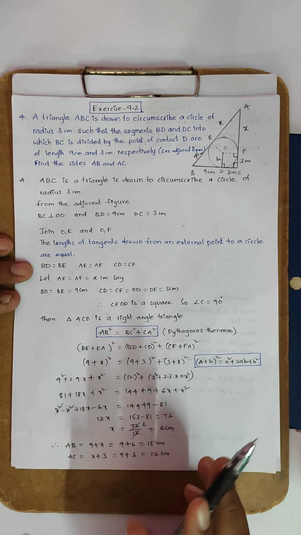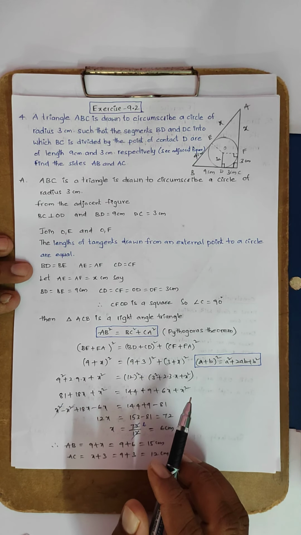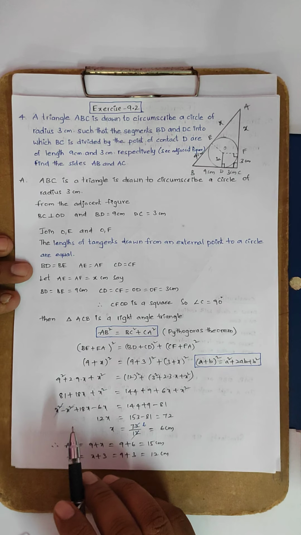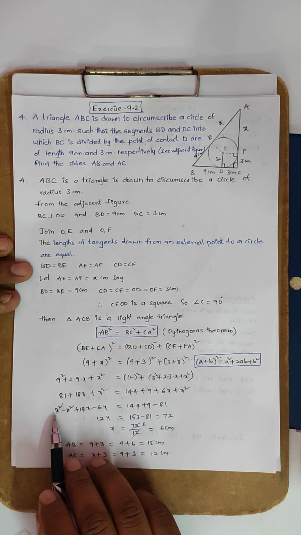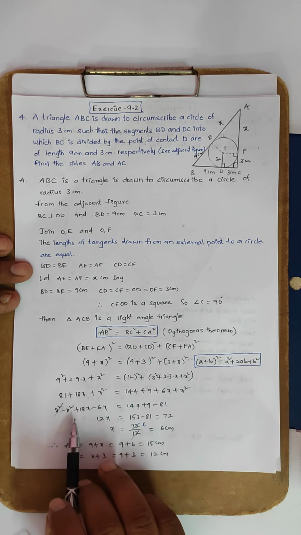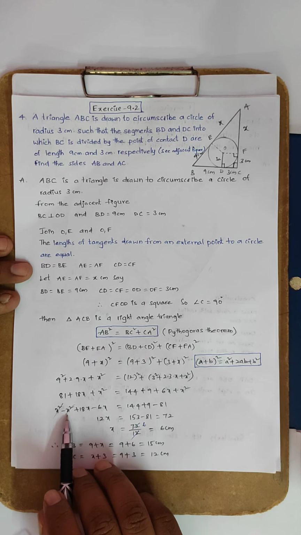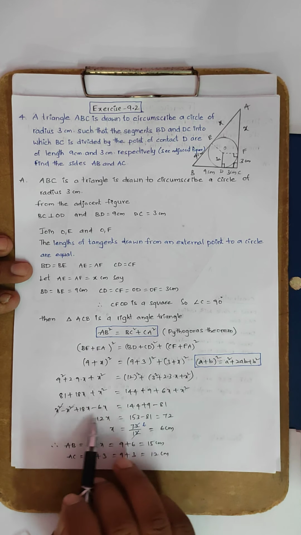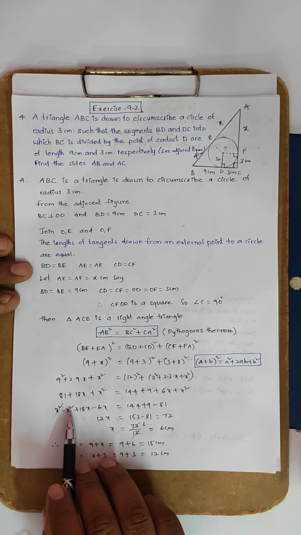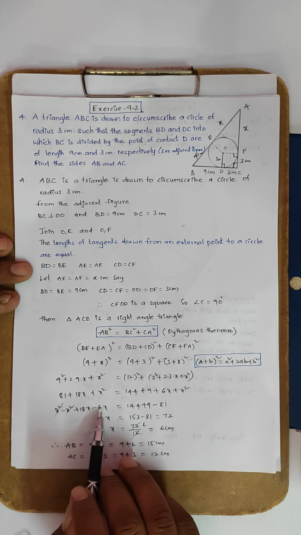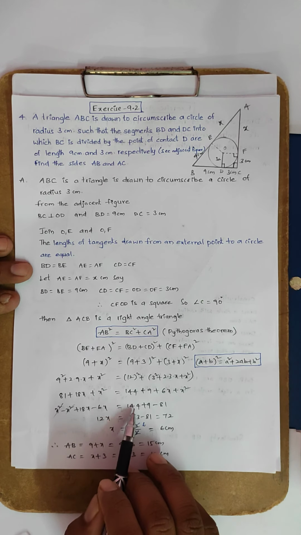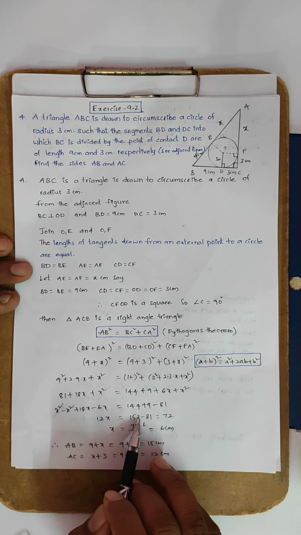Arrange like terms on one side, all variables to the left-hand side. The x square on the right goes to the left as minus x square. 18x minus 6x gives 12x. x square cancels. 144 plus 9 is 153.